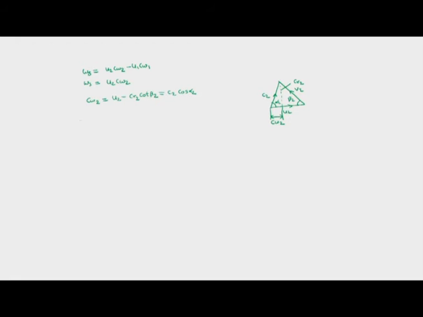Then we will use this formula. Ws, which is the stage work, is U2 into U2 minus CR2 cot beta 2.